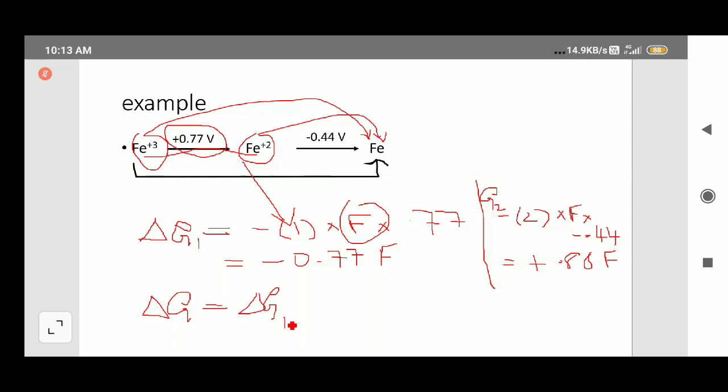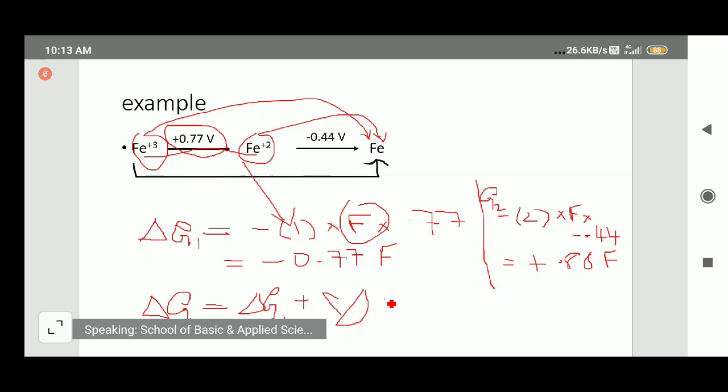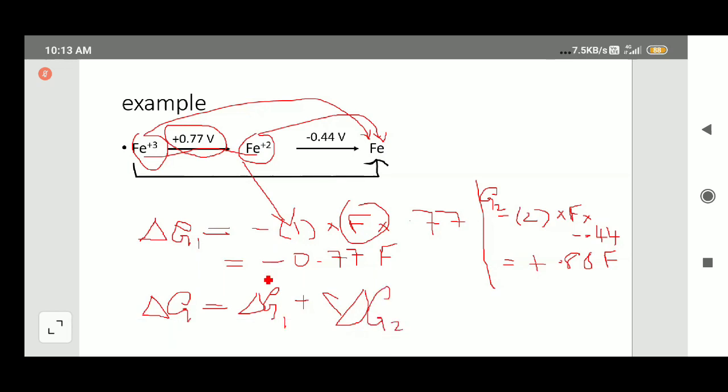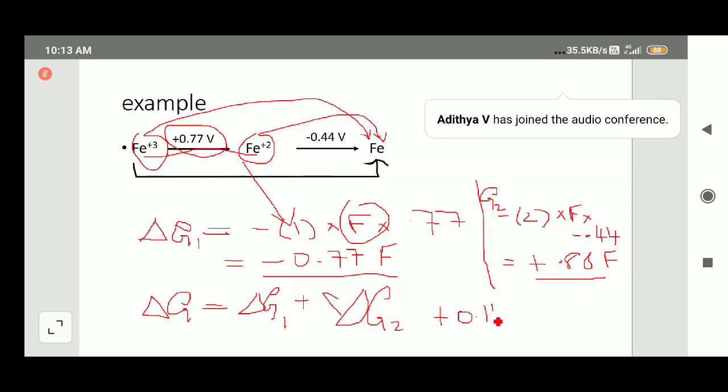If you sum it, this is 0.77 and this is 0.88. If you sum it, it becomes plus 0.11 F.